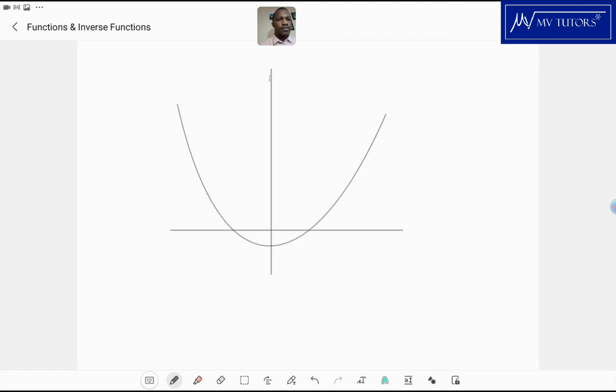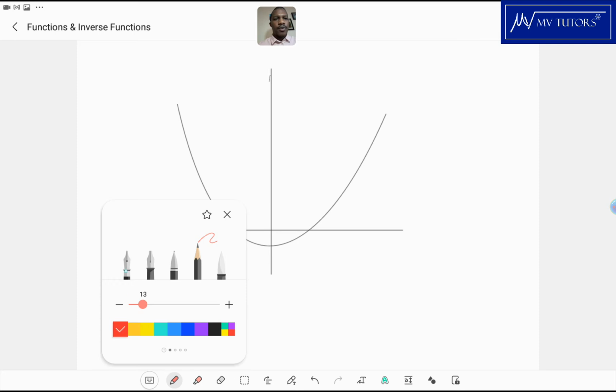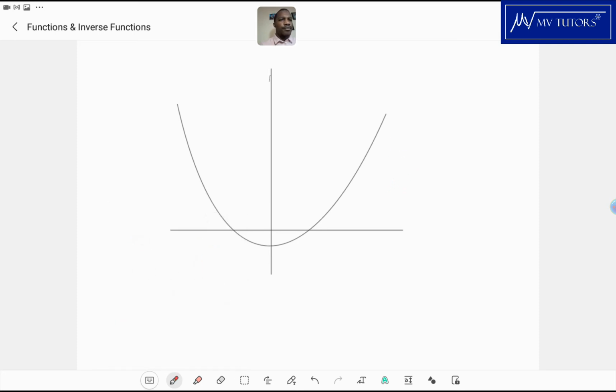That one is what we call a parabola, and it's given by the formula y equals ax squared plus bx plus c. The letters are just constants. They can be numbers, it can be 1, 0, 3, whatever. But the important part is that it's squared. Now this is what we call a parabola.